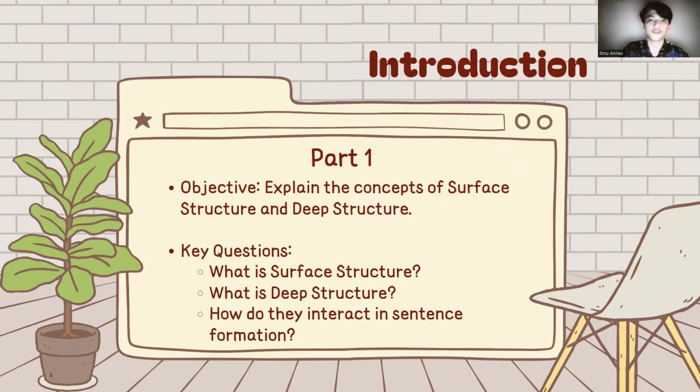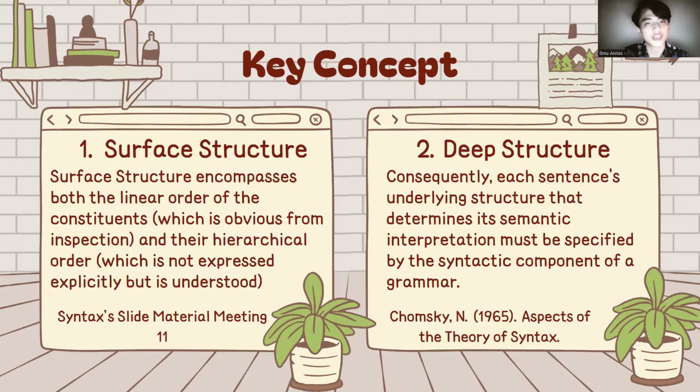So our objective today is to explain the concept of surface structure and deep structure, and the key questions: what is surface structure, what is deep structure, and how do they interact in sentence formation. First, we're going to talk about the surface structure.